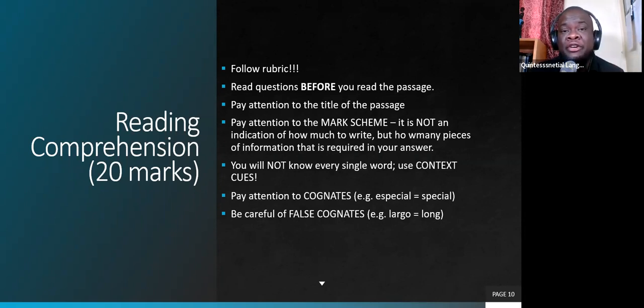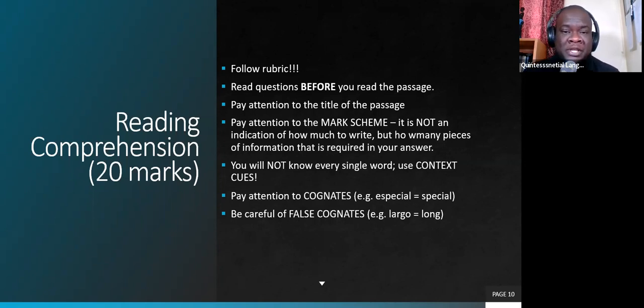Many students have the wrong idea that if the exam question says 4 marks, that means I write 4 lines, or that I need to write plenty of things and fill up all the lines they give me because it says 4 marks. And nothing could be further from the truth, right? The mark scheme is an indication of how many pieces of information are required in your answer.